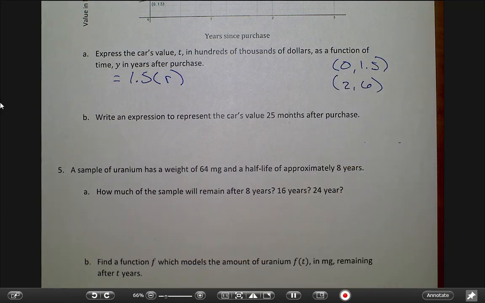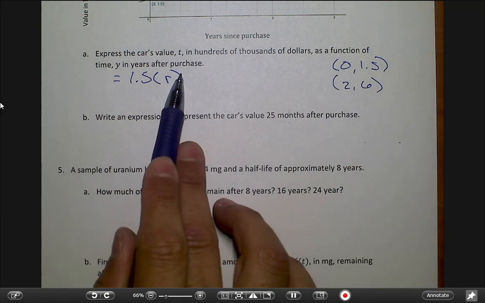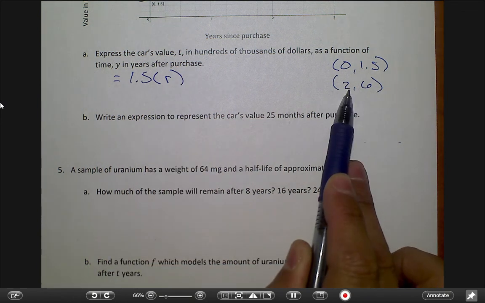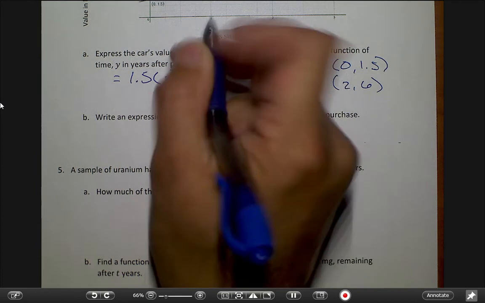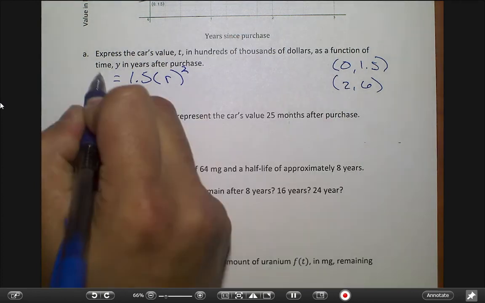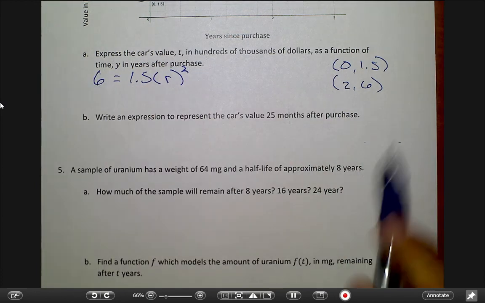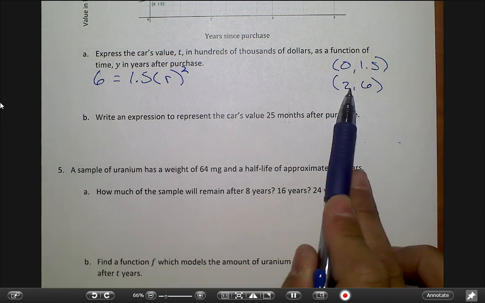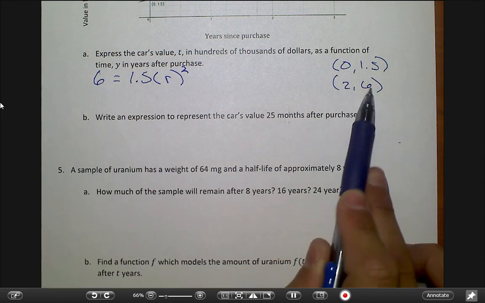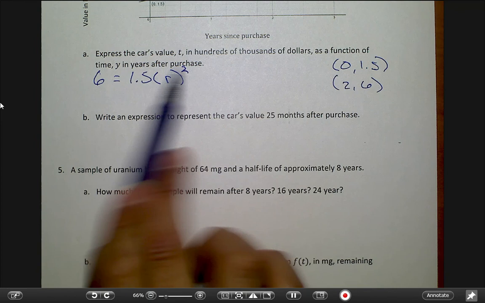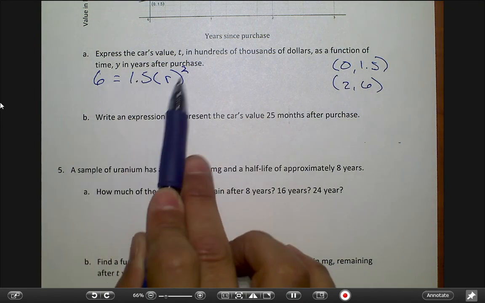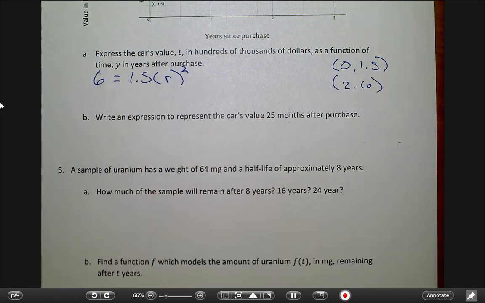So what power am I going to use here? 2. Why 2? Because this is my time right here, right? So it's going to be 2 and then equals 6. Because this value right here is what it's supposed to end up equaling. So when I plug in 2 for the t, my output is supposed to be 6. It's always got to go like this. So I have my initial times my rate, then I put my second point here and here.